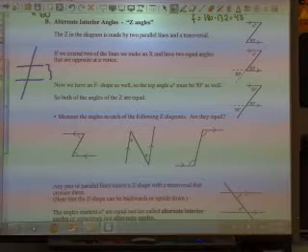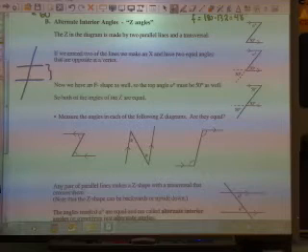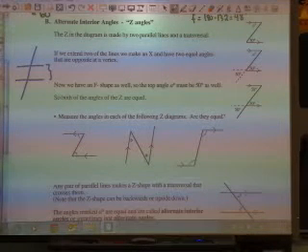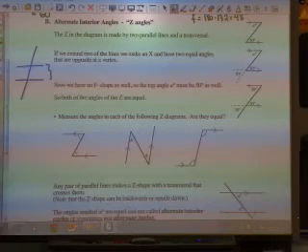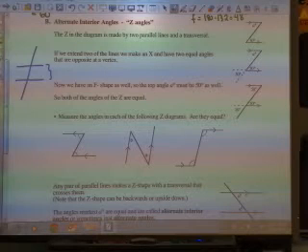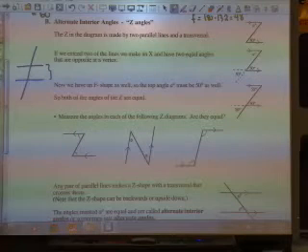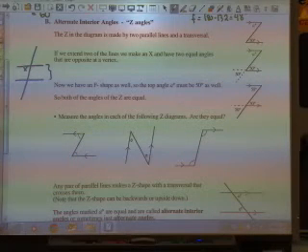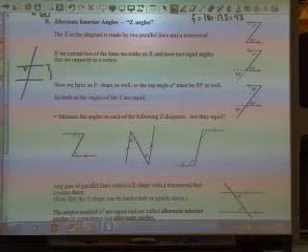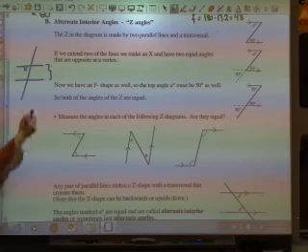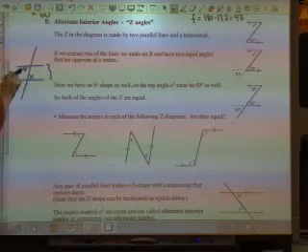So if we're talking about alternate interior, what does alternate mean? How would you describe the word alternate? The opposite side. So if this was one angle, where would the other angle be if it was alternate interior? Other side at the bottom.